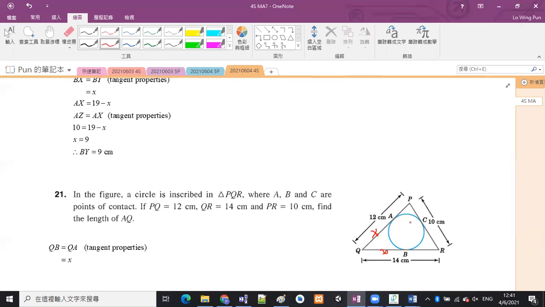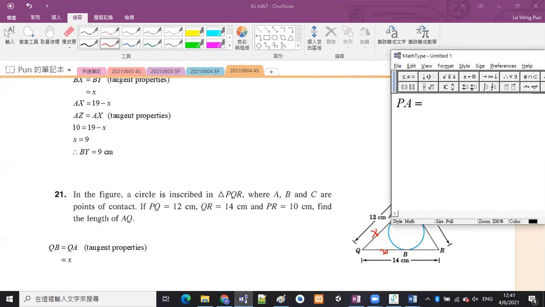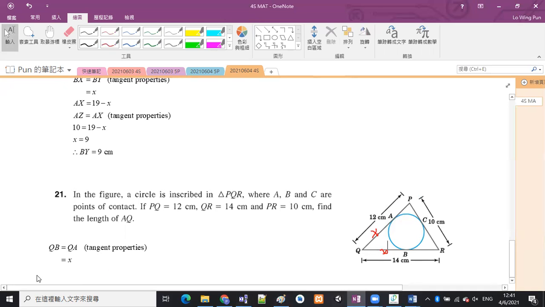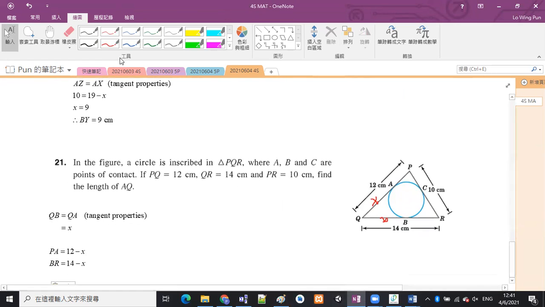And we do the same thing on QR. QR is 14, and QB is X, so the remaining part should be 14 minus X. So I just found that this is 12 minus X, and this one is 14 minus X. Because P is an external point, PA and PC should be equal to each other, so PC is also equal to PA.